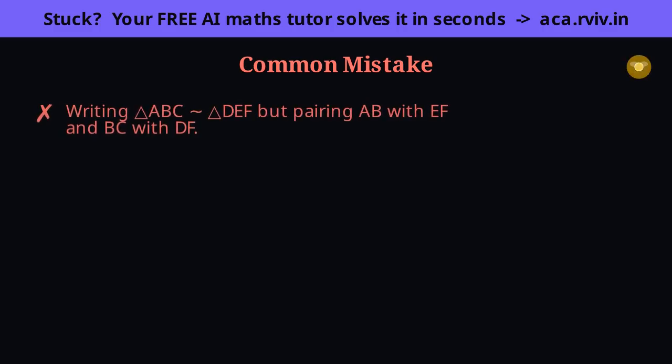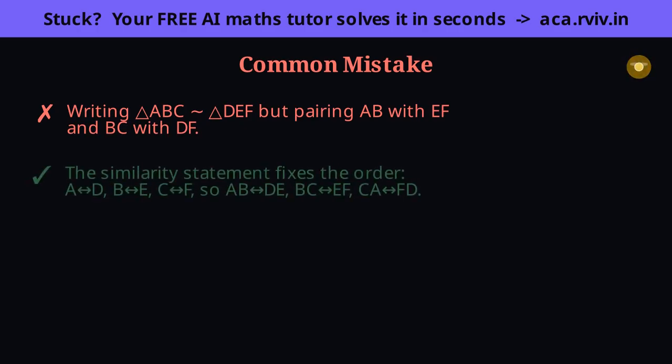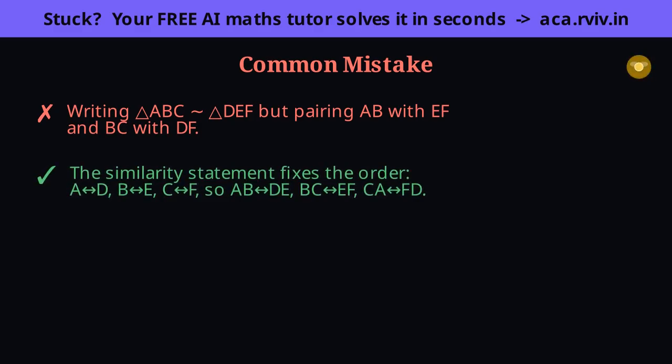Why care? Because every ratio you write and every equal angle you claim is read straight off that order. Get the correspondence right and the rest of the proof falls into place. Get it scrambled and a correct looking line is actually false. So fix the letter order first, always.